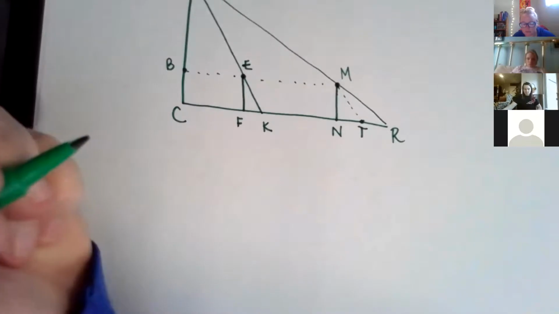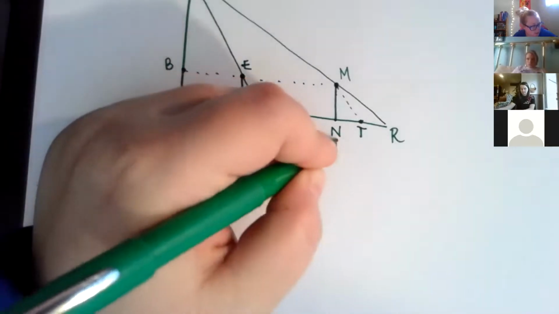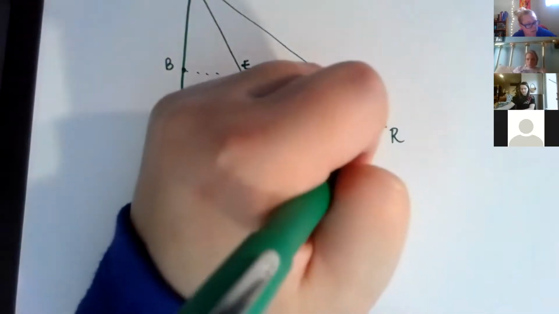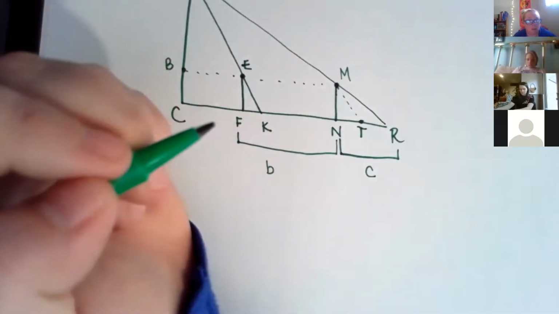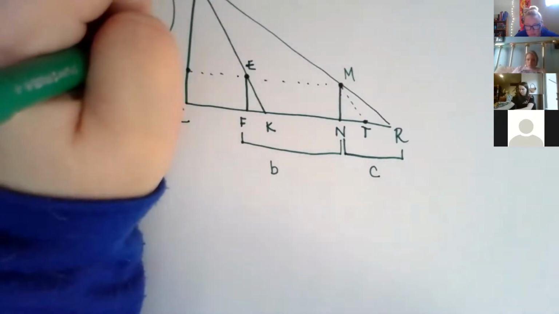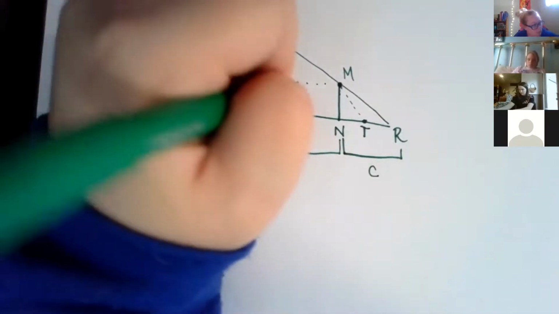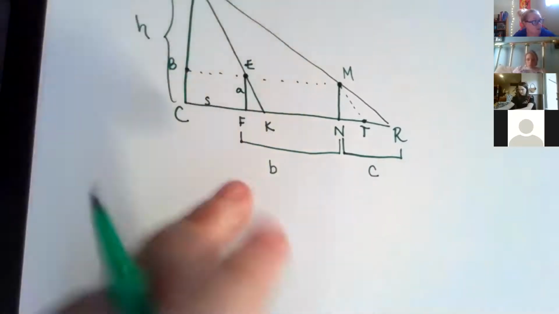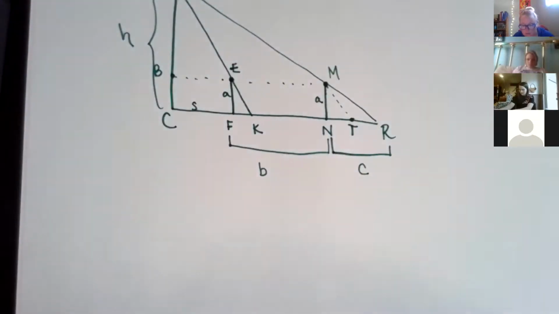The distance between F and N was B. The difference between N and R is C. This distance here is H, and this here, S, we called A. So that would make this guy A. And then F to K is D, right?